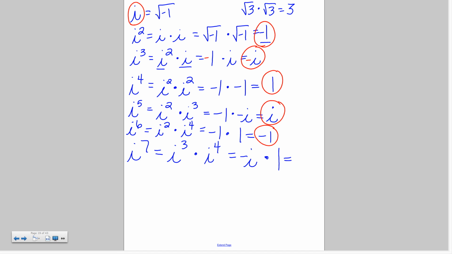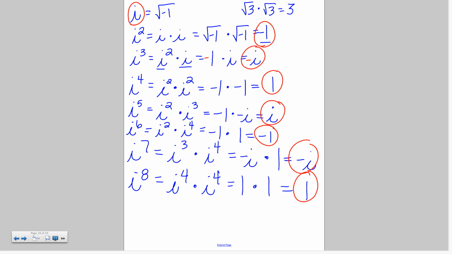That should give us negative i, which flows with our pattern. Alright, i to the eighth is going to be i to the fourth times i to the fourth, which is 1 times 1, which is just 1. So my pattern is going to start repeating over and over and over: i, negative 1, negative i, 1, all the way till infinity.